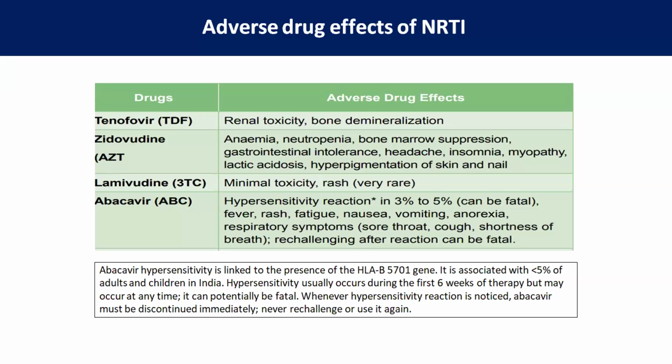Abacavir hypersensitivity is linked to the presence of the HLA-B*5701 gene, and it is tested before use of abacavir in the Western countries, but not in India. And another important thing of abacavir use, when a hypersensitivity reaction is noticed, abacavir must be discontinued immediately and never rechallenged in future.